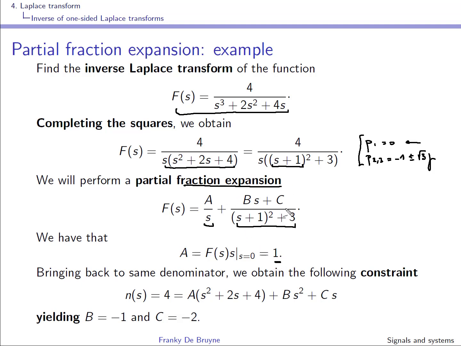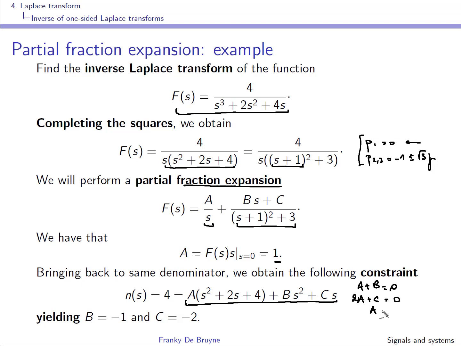And one way to obtain b and c is to put everything back on the same denominator and compute the numerator. We know that the numerator is 4, and we obtain this thing over here. So looking at the terms in s squared, we have a plus b is equal to 0, and looking at the terms in s, we have 2a plus c is equal to 0.